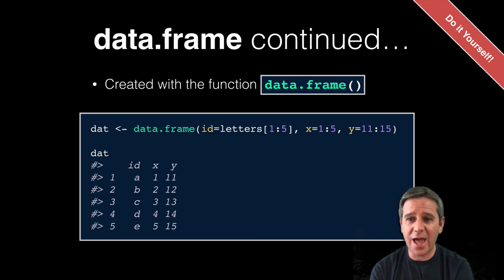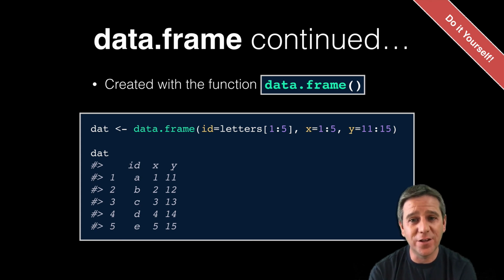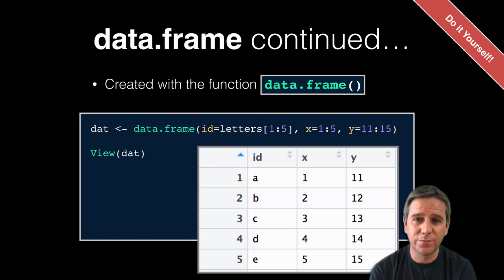So it's going to be A to E in this case. Then I'm going to have a second column called X, and it's going to have the numbers 1 to 5. And a third column here, Y, which is going to have the numbers 11 to 15. And then I print it out. So here's the little printout.